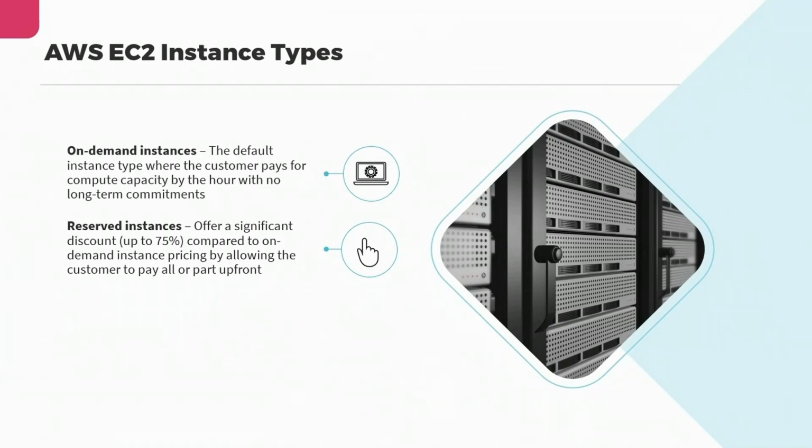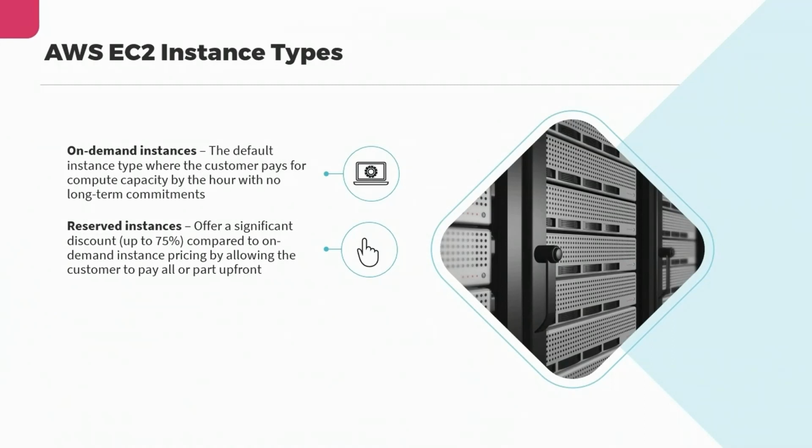Now realize this goes against the pay-as-you-go, pay-as-you-use model, which is the default. So this is an exception. However, you can get substantial savings. There's also convertible instances. These are reserved instances that give you some flexibility, for example, to change the family type and other attributes after you've deployed the reserved instance.